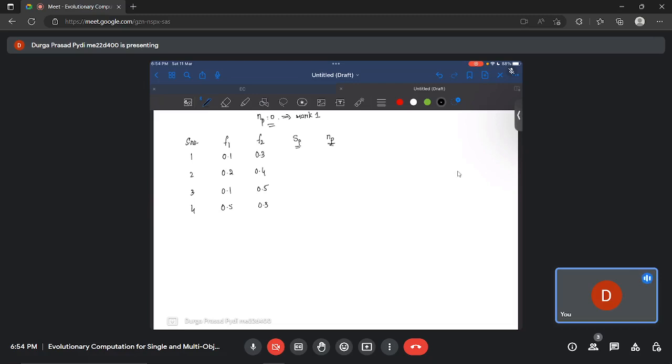So when you compare solution 1 with solution 2, we will just put the markers here. It will be F1 of the first solution, F1 of the next solution, F2 and F2. First we are comparing 1 and 2.